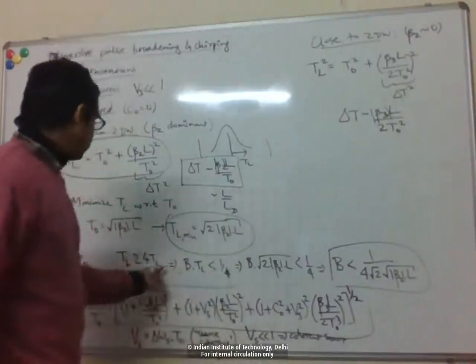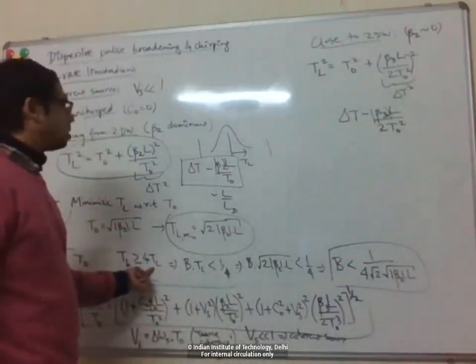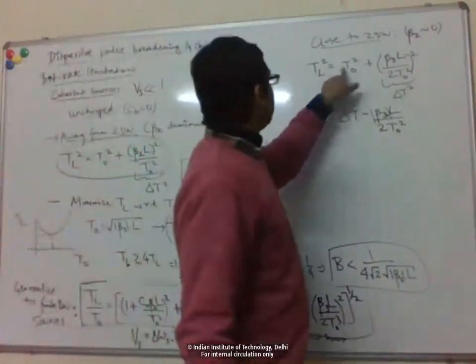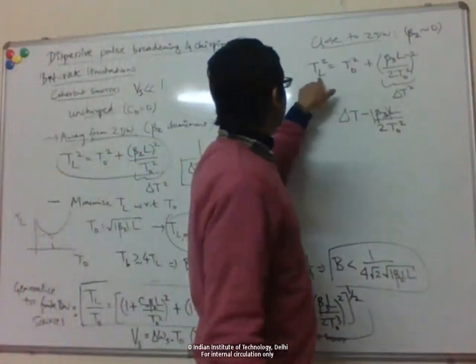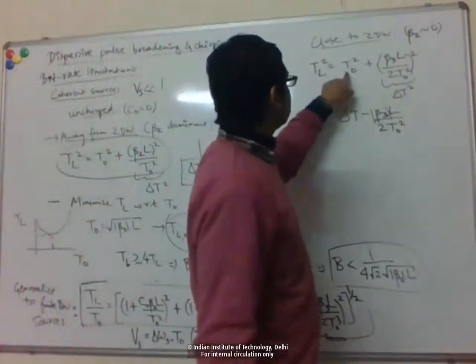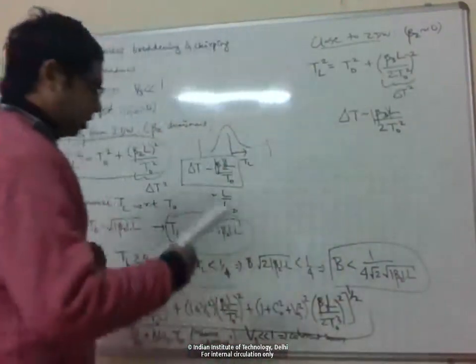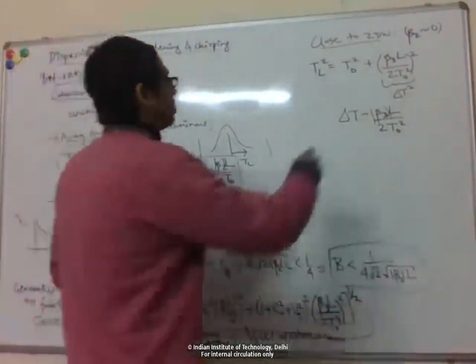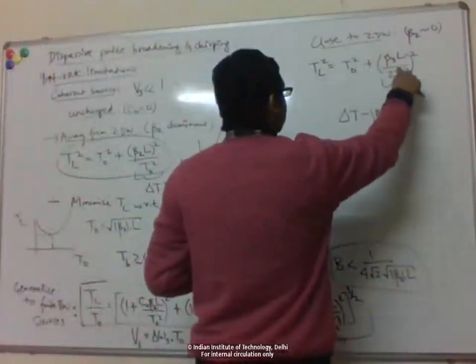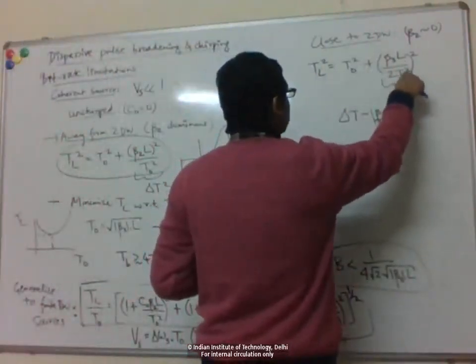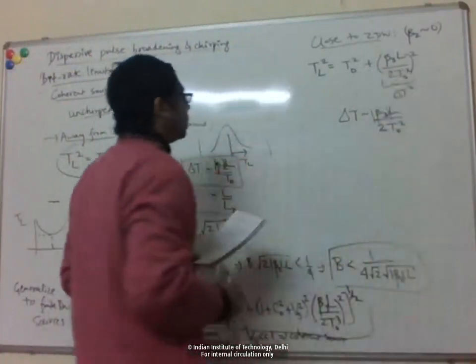Okay, so again we can use the same argument here. So again you can minimize TL with respect to T naught, right? So this first term is increasing with T naught, the second term is decreasing with T naught. But now when you minimize, because here we have T naught to the fourth, T naught square whole square.